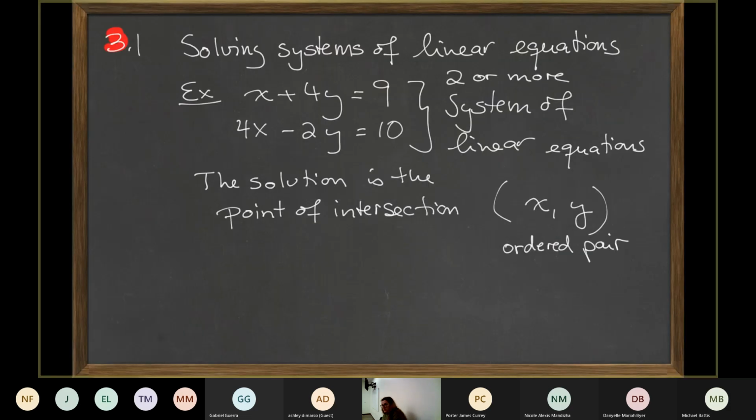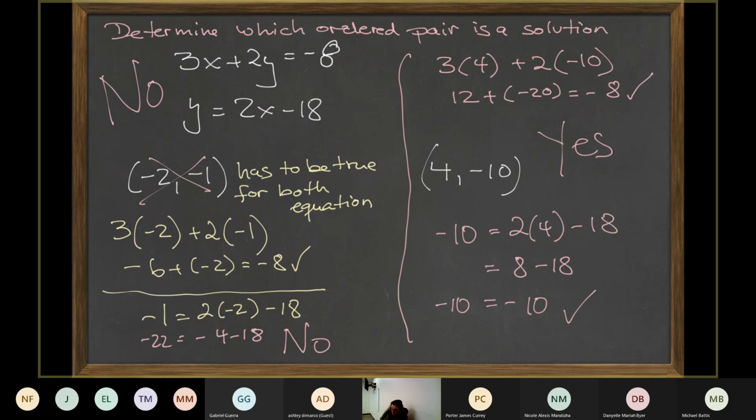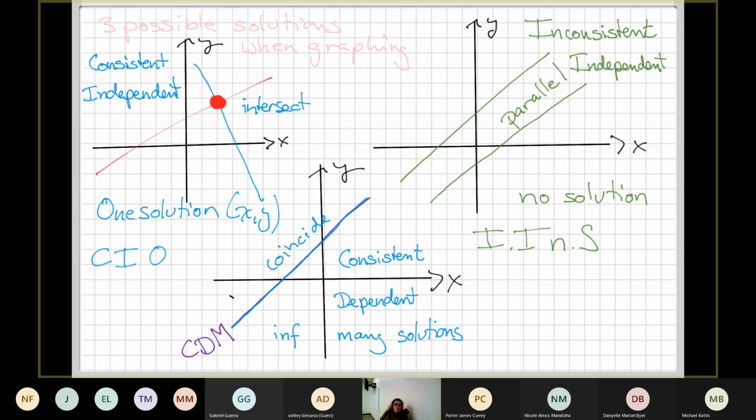Okay, here we are. In 3.1 we graphed and looked at the problems we plugged in. There are three choices that we can get. We can either have one solution where the lines intersect, and that is when the system is CIO, consistent, independent, one solution.